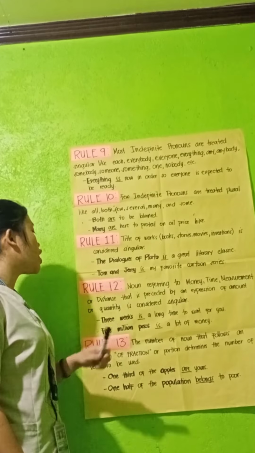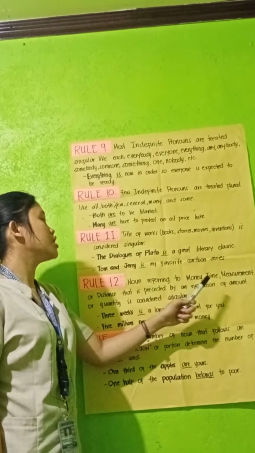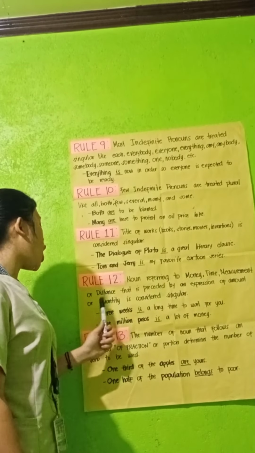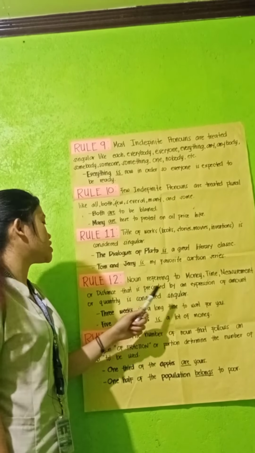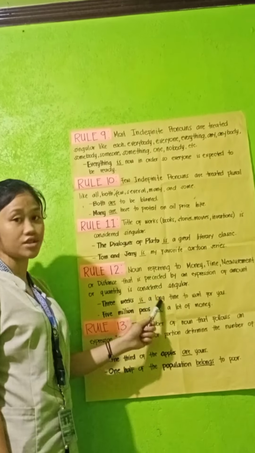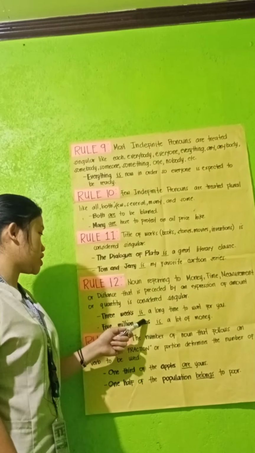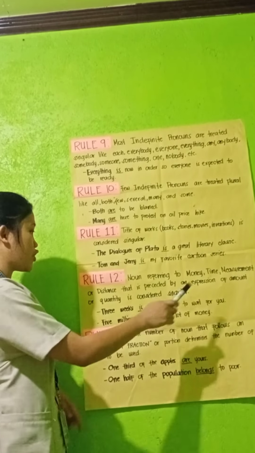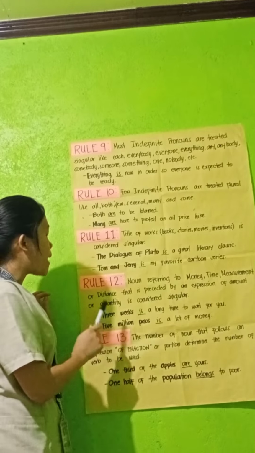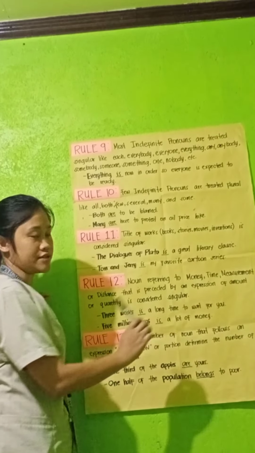Rule number 12. A noun referring to money, time, measurement, or distance that is preceded by an expression of amount or quantity is considered singular. For example, 3 weeks is a long time to wait for you. Next, 5 million pesos is a lot of money.